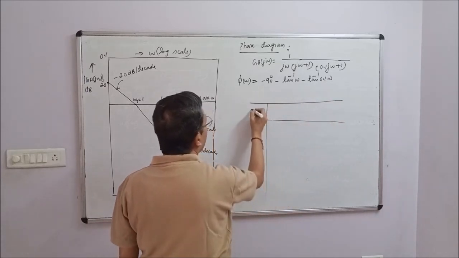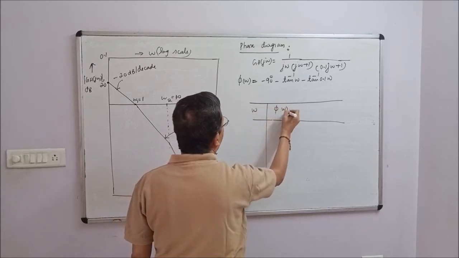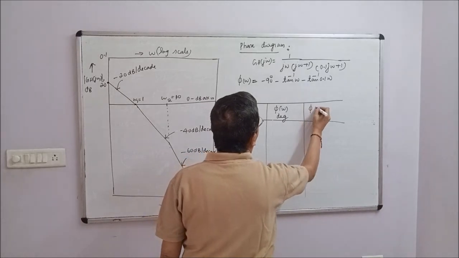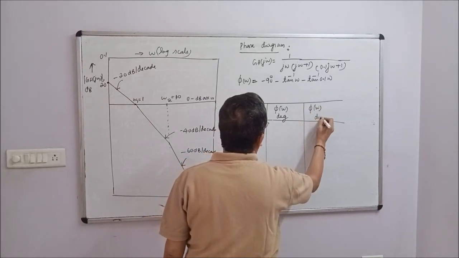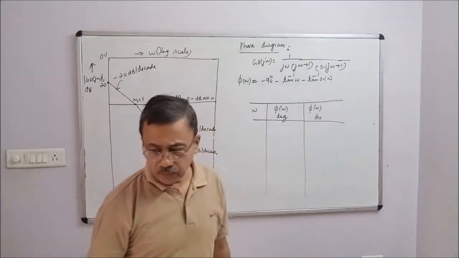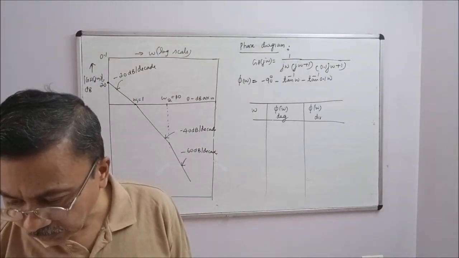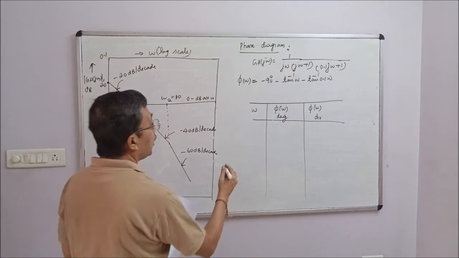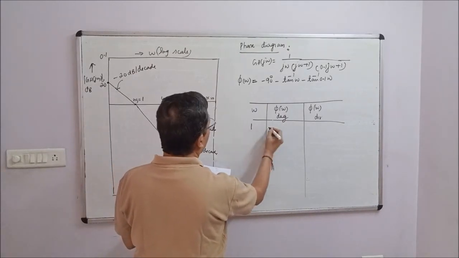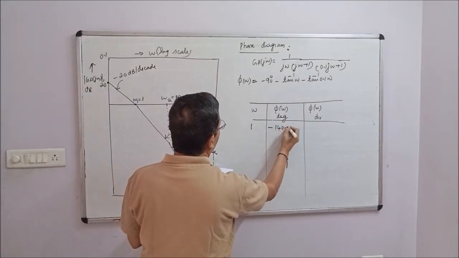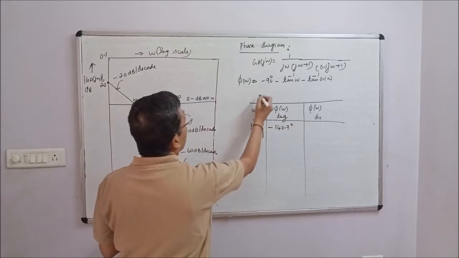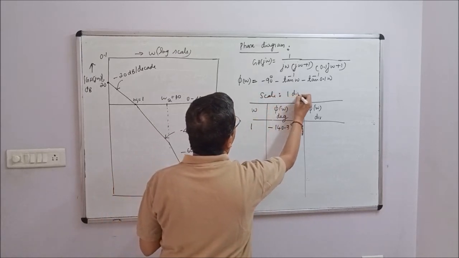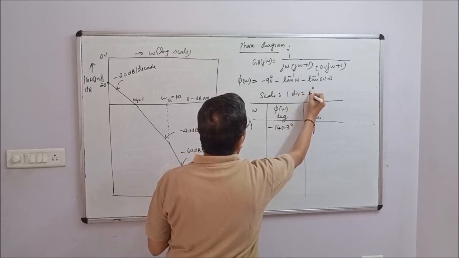This is omega, phi of omega in degrees, phi of omega in divisions. For different values of omega, let me find phi of omega. Omega is 1, phi of omega is minus 140.7 degrees. We shall select a scale: 1 division is equal to 6 degrees.